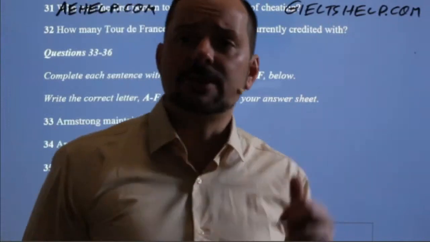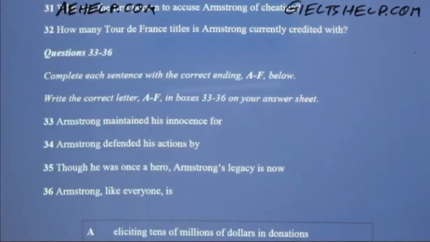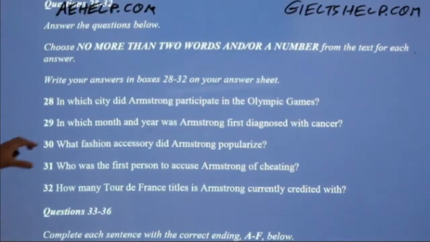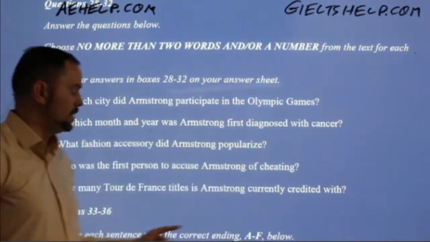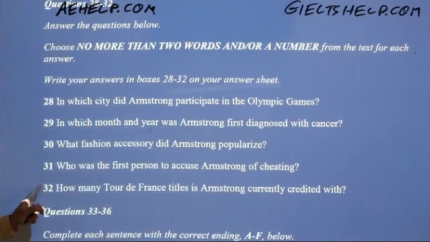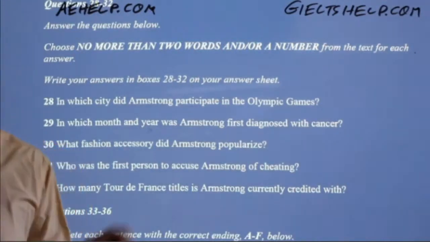No, Abhishek, even I know you're asking about the before one, so I know you're asking about this one. And no, you shouldn't. There's a good example, actually. If it says, how many Tour de France titles is Armstrong currently credited with? If you answer question 32 while reading, you'd probably get that one wrong, Abhishek. You'll see why.